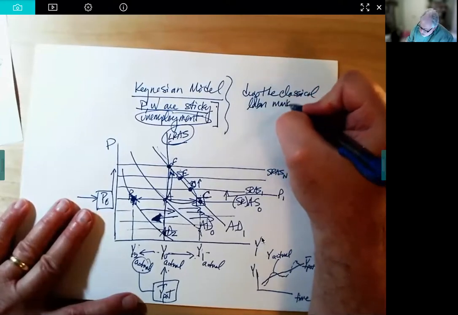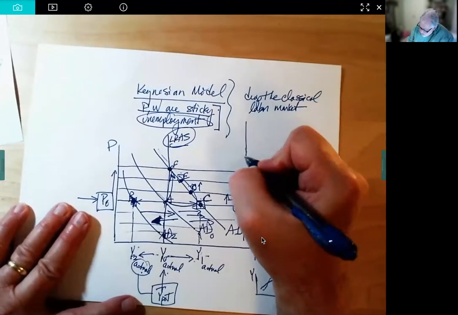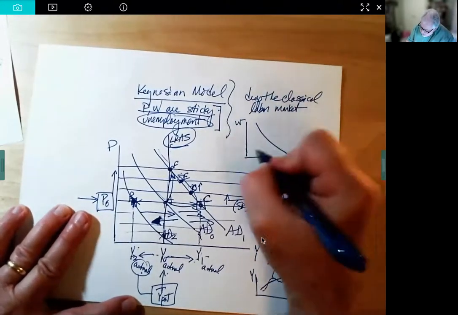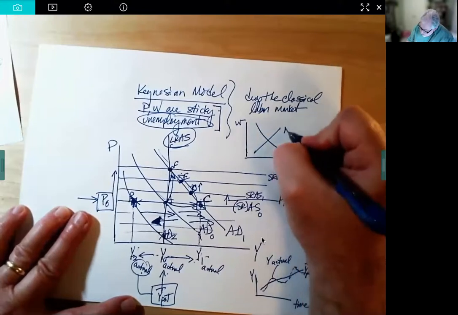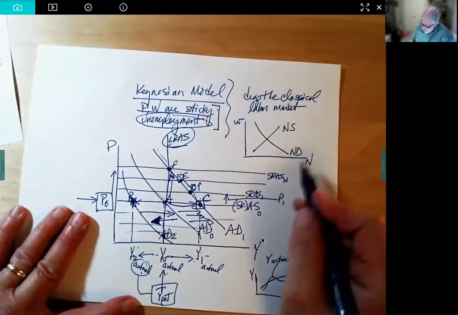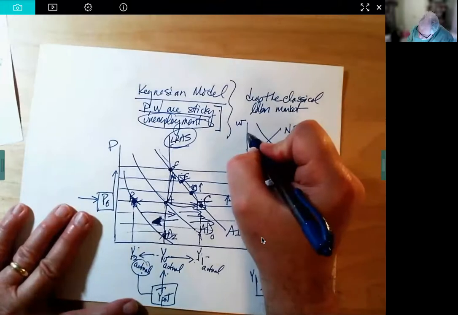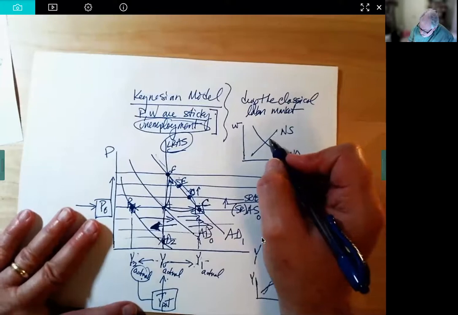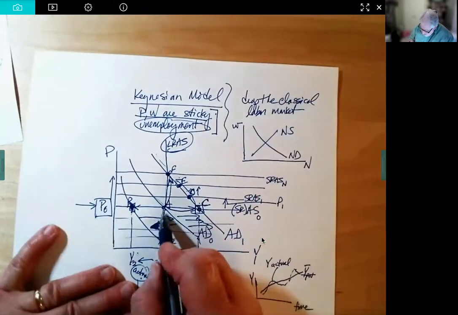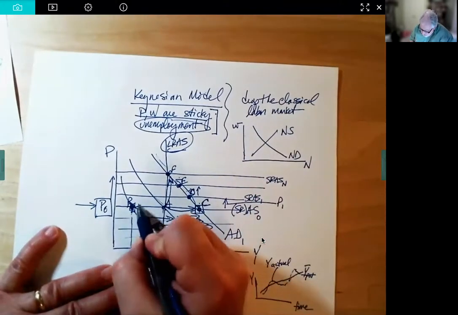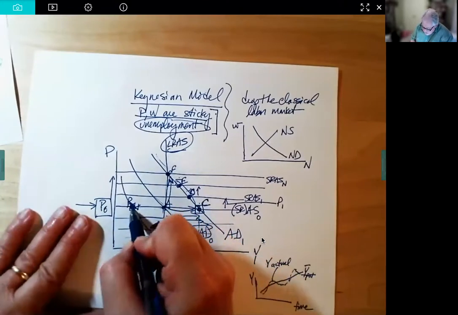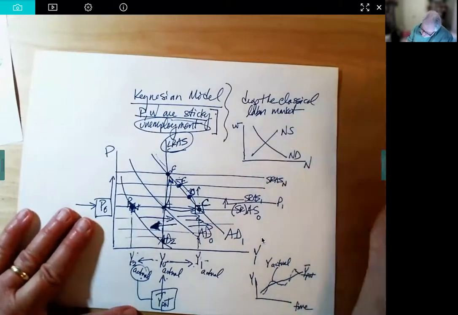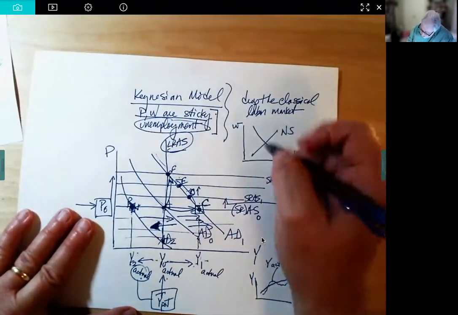And we don't necessarily drop it, but what Keynesians assume essentially is that, here's labor demand, labor supply, as we've talked about it, the real wage on the vertical axis, employment on the horizontal axis. For there to be unemployment, right? The Keynesians would argue that if there's a decline in aggregate demand that pushes us below potential GDP, then there's going to be unemployment.